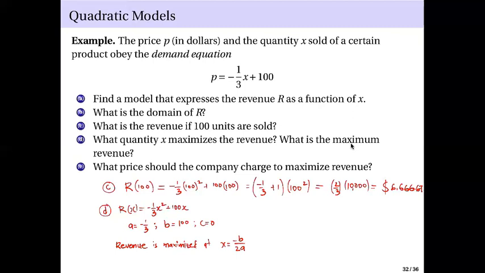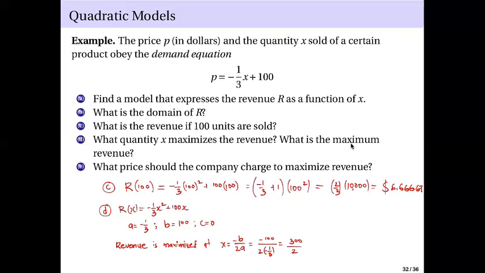So negative b becomes negative 100 in the numerator. And then 2a, so 2 times negative 1/3, correct? So this will be what? 300 over 2.